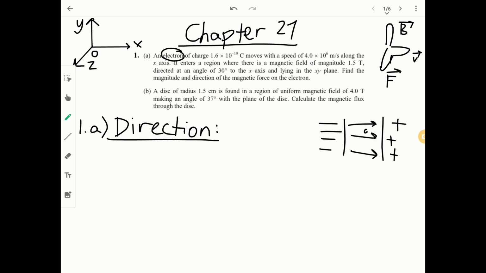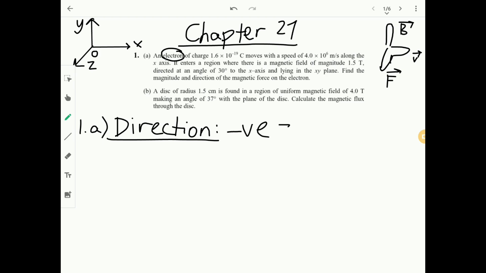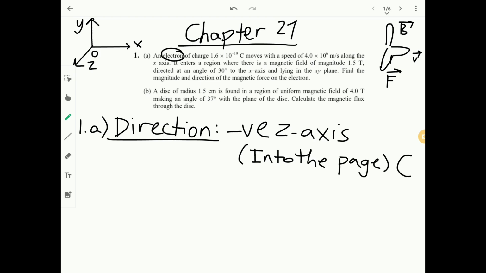But if I have an electron, what does it experience? It experiences a force opposite because of the charge, right? So if I erase all this, and if we consider that it's an electron, the force direction is in fact reversed, so it's the negative z axis, or into the page. The page being the plane in front of you. And symbol wise, it is represented like this, a cross. Right? Now let's look at the magnitude.